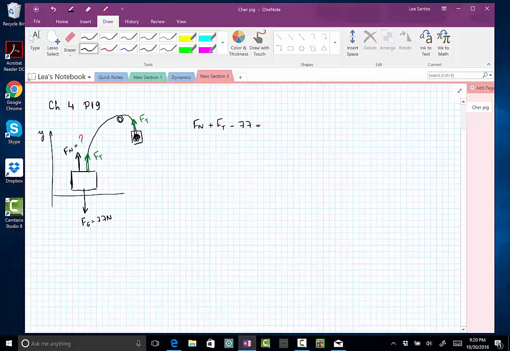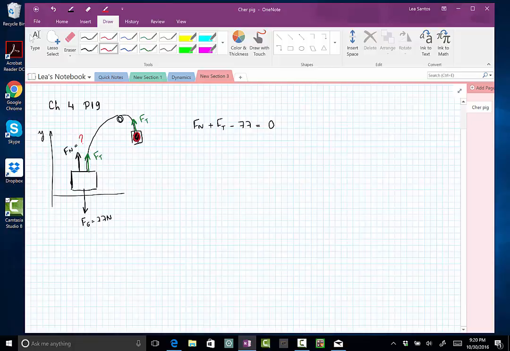If this box is not moving, it's touching the table, so the acceleration will be 0. All right, so to solve these problems, they will be giving us different objects to put here, different weights to put in this region here.